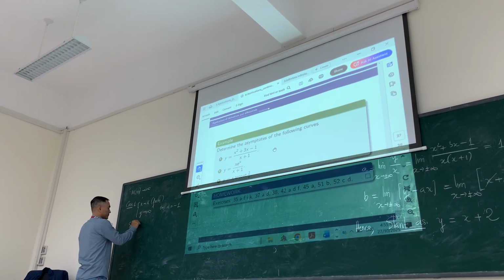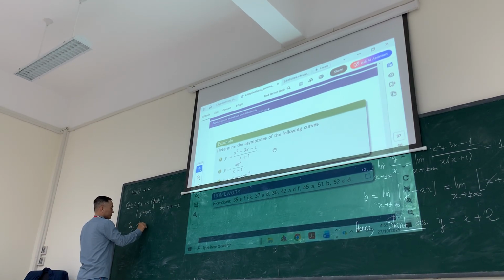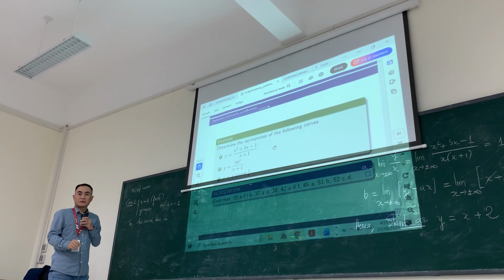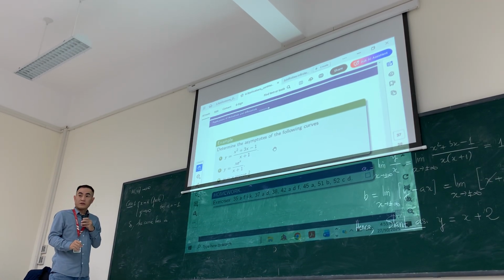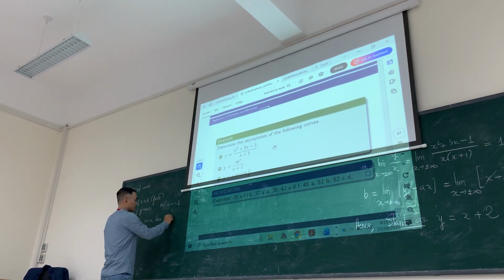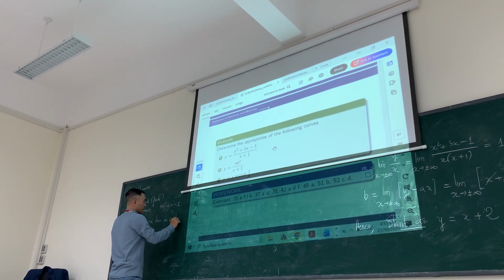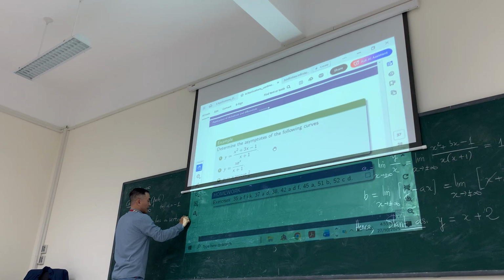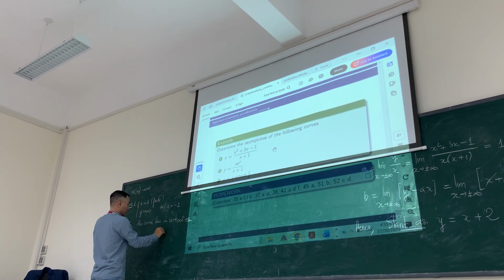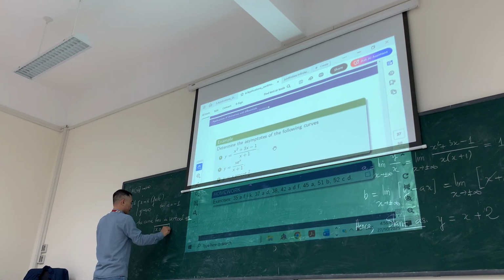So the curve has a vertical asymptote x equals negative 1.